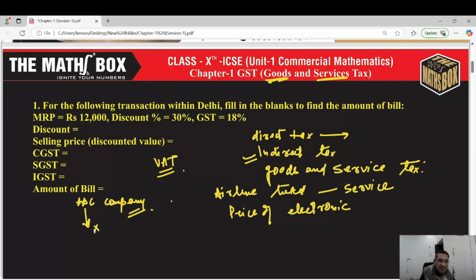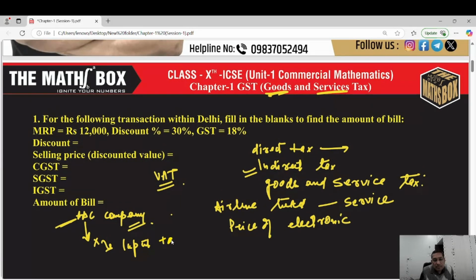The person X who has purchased articles from ABC has paid ABC the input tax, while the seller is collecting the output tax. So the output tax of ABC company is the input tax of person X.